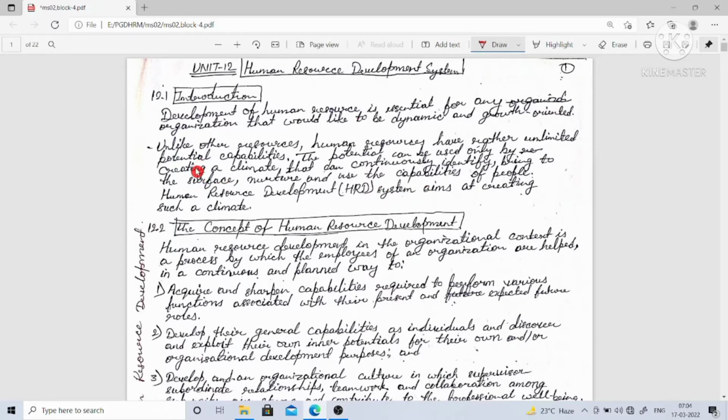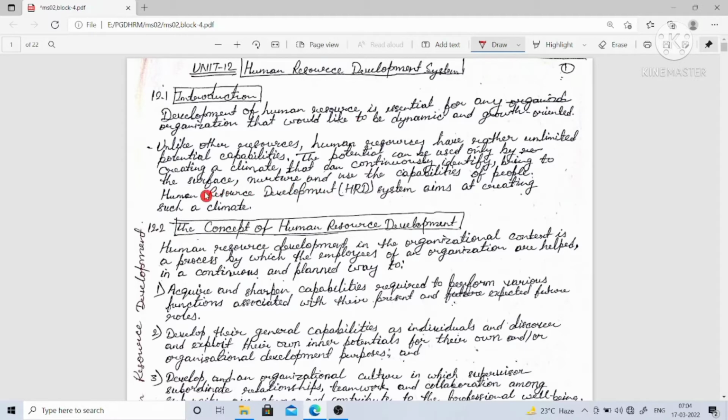Here, in the case of human resources, the potential capabilities are unlimited, and the potential can be used only when there is a proper climate, where capabilities can be nurtured and used.